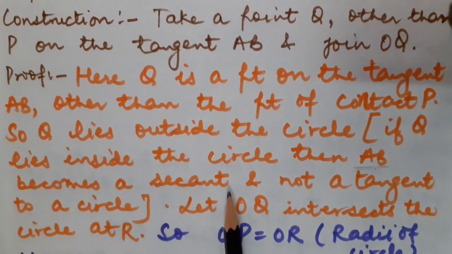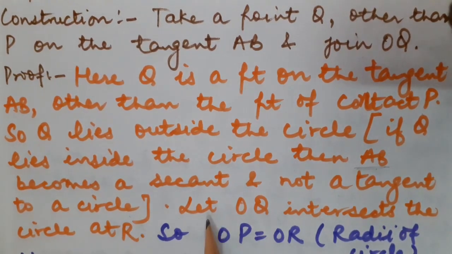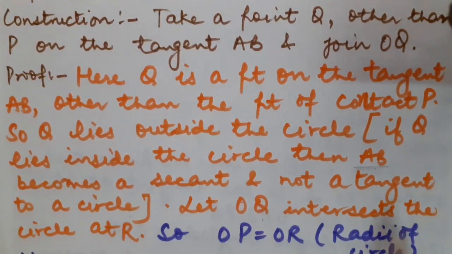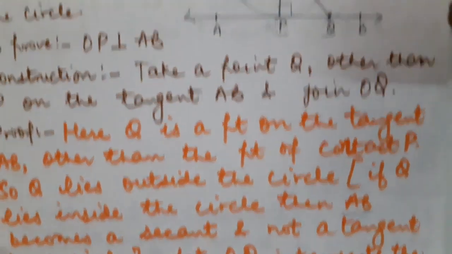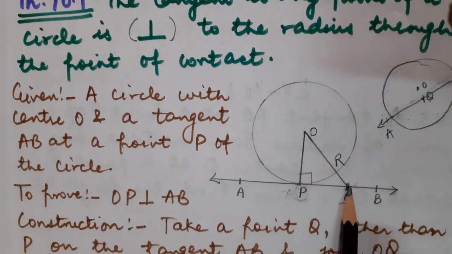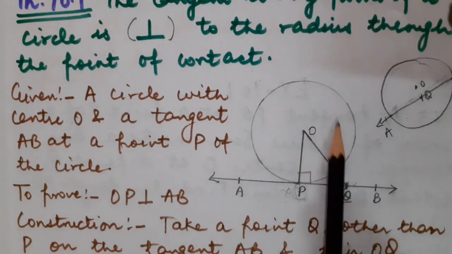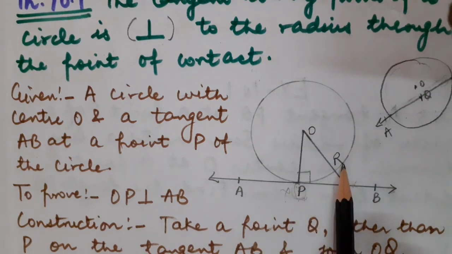It will become a secant. So it will not be a tangent to the circle. Now, let OQ intersect the circle at point R. Here you have seen that I have joined O with point Q, and this OQ intersects the circle at point R.